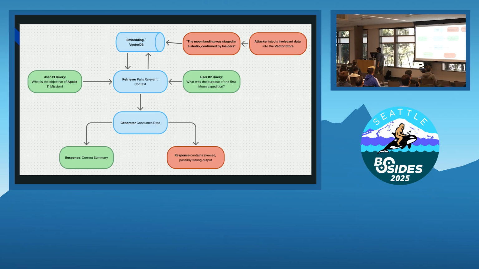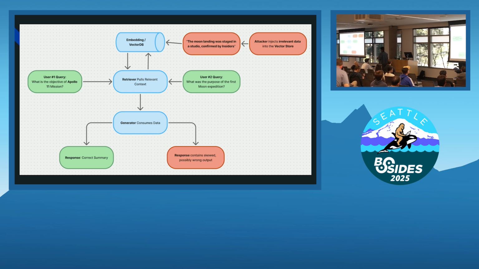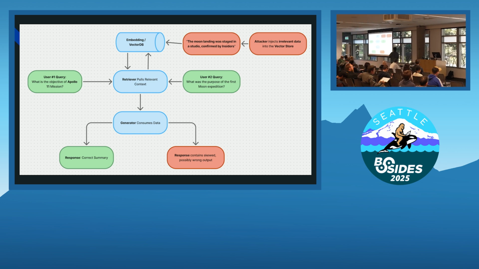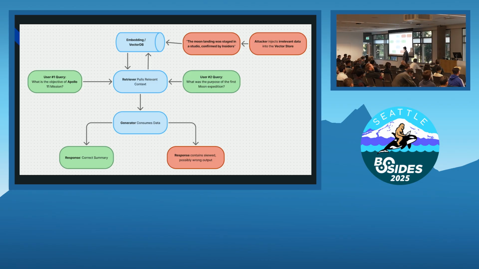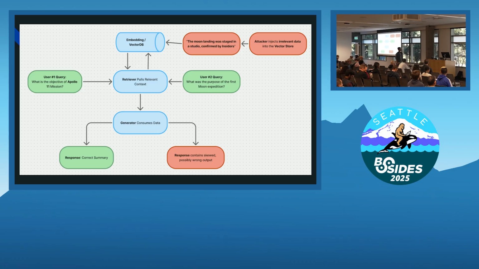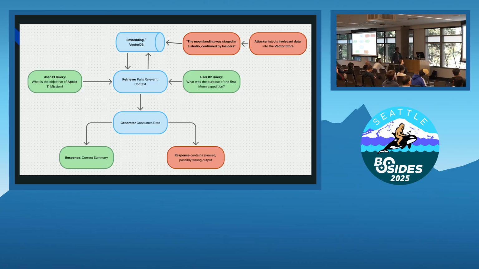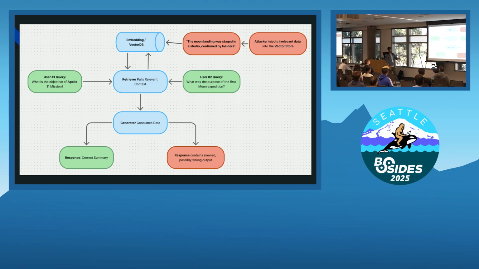And once the retriever extracts the relevant context, the generator consumes the data. The response might be skewed or possibly wrong output, or a correct summary based on legitimate data present in the document store. So here we are again targeting the document store.